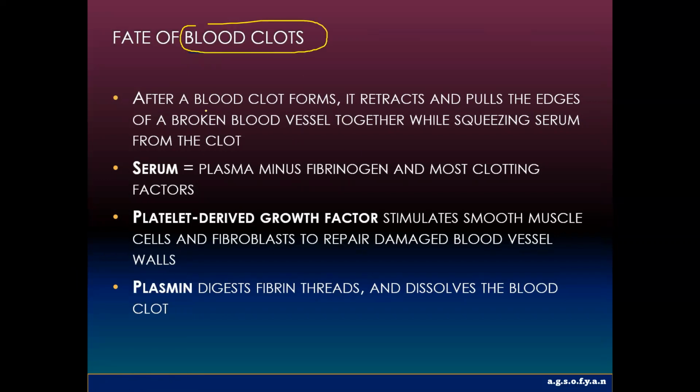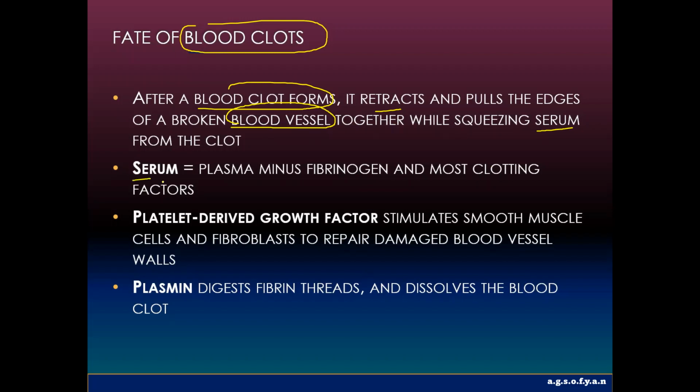After a blood clot forms, it will retract from the broken blood vessel. So it will leave the broken blood vessels, squeezing out from the blood vessels. The fluid that comes out from the blood vessel is called serum.